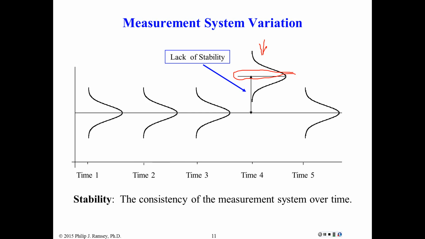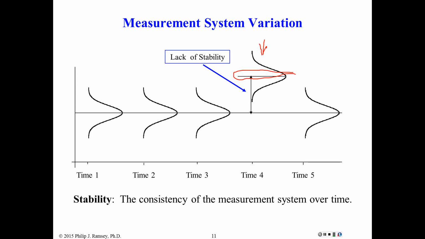So stability most often means that the accuracy of the measurement system is not constant over time. But it can also sometimes mean that the amount of noise in the measurements is changing, but most often it's really a problem of the accuracy changing over time by either shifting or drifting.